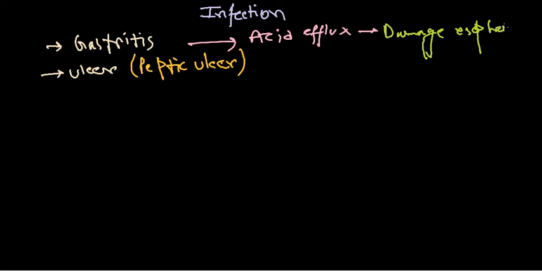So this is a kind of cause of the disease. And there are different modes of ulcer, right? Now in gastric ulcers, what it actually causes, it results in inflammation.